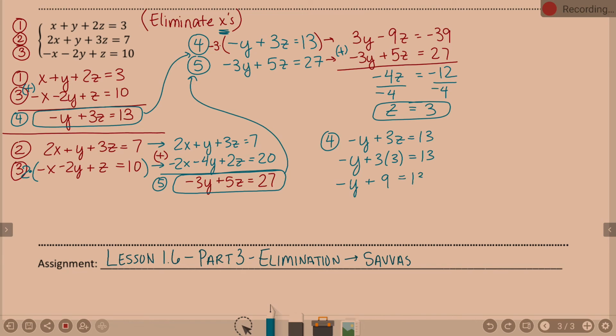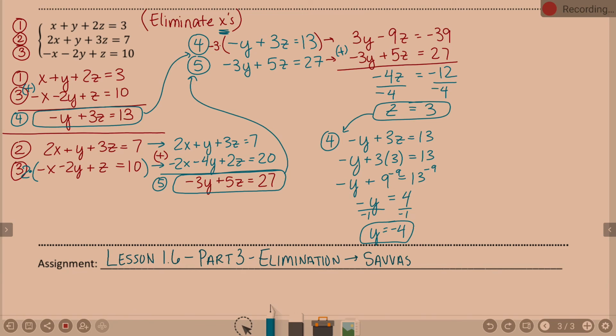Negative y plus 9 equals 13, so subtract 9 from both sides. Negative y equals 4. Officially, it's divide or multiply by negative 1, so y is negative 4.